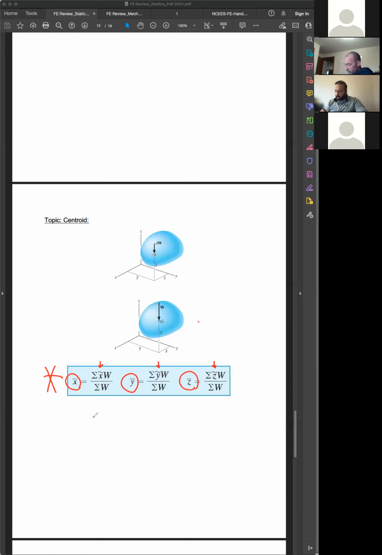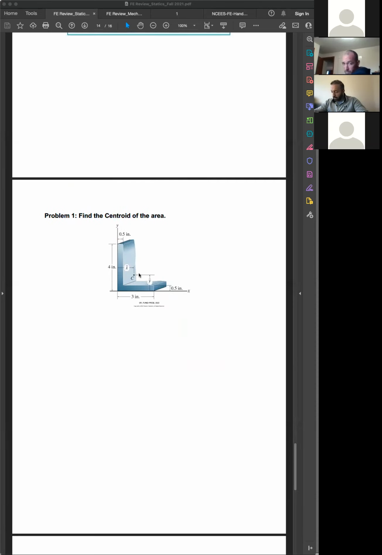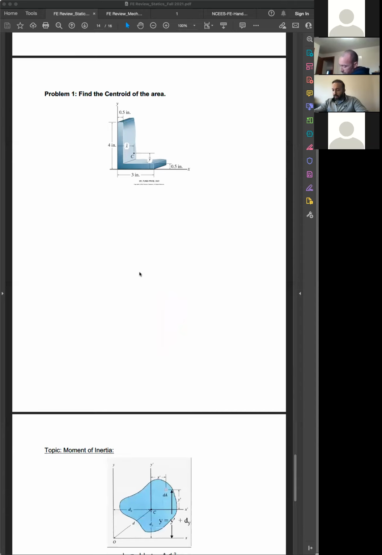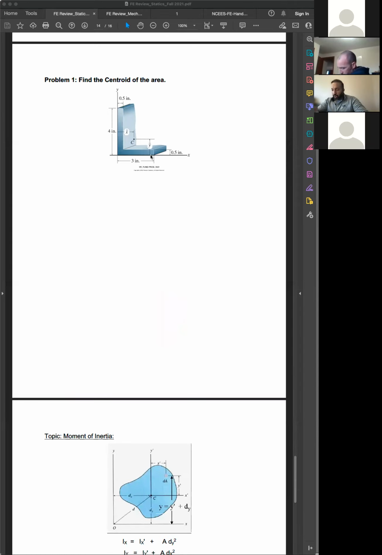All right. So actually the better way to write this would be xi. If you add i here, that would make a little more sense. So let's just look at it. Okay. So this section is given to us, and we are trying to find its center of area.